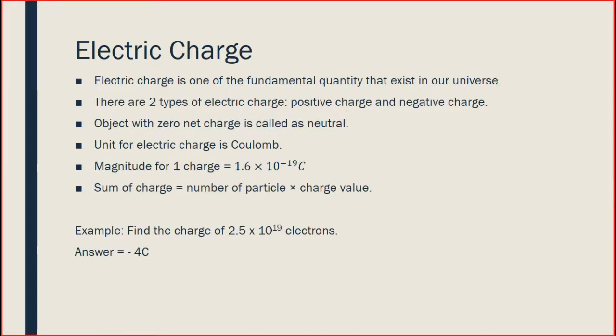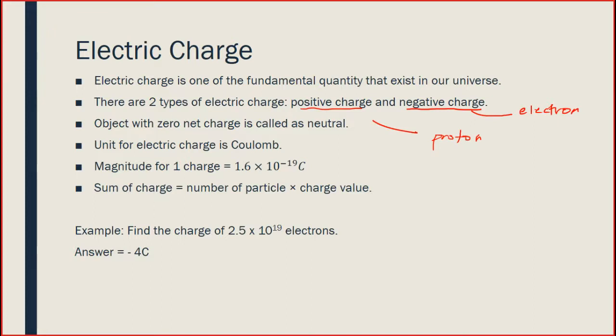Let me get a pen. The example for positive charge is usually the proton. Proton is one example of a positive charge particle. We also have negative charge, for example the electron.